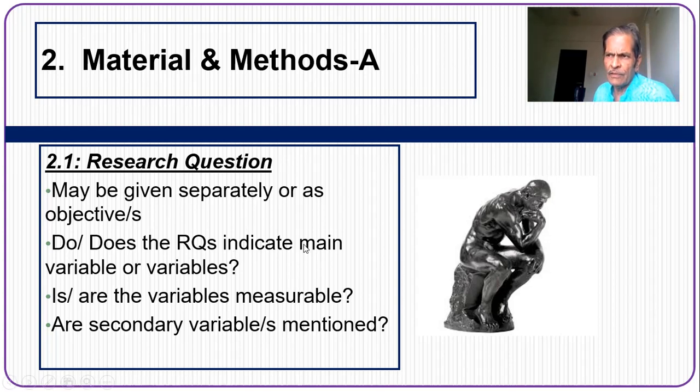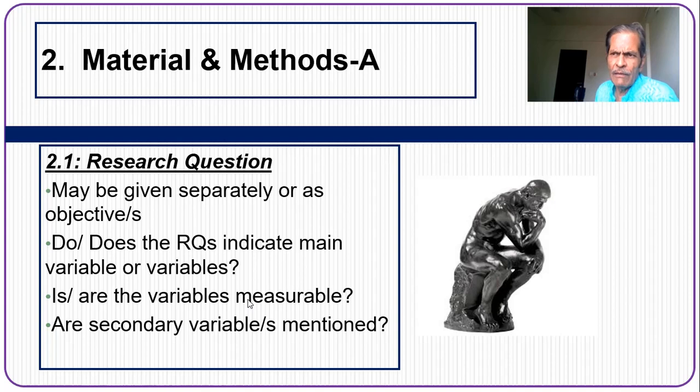Otherwise, if the objectives are vague and do not indicate what variables are included in the research question, then that research question itself is tricky, and the entire building of the research paper is then based on thin lines. If the variables are measured, you should try to find out whether these variables are measurable or not.